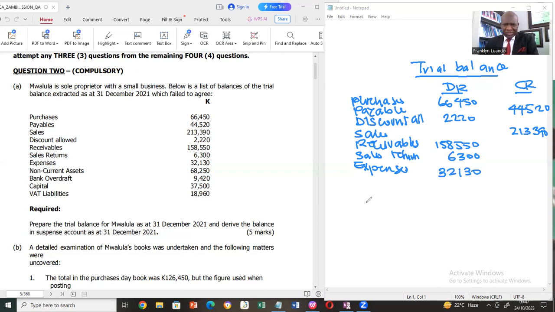Bank overdraft is a liability, credit. The bank overdraft there, we have 94,20. And then we have capital.